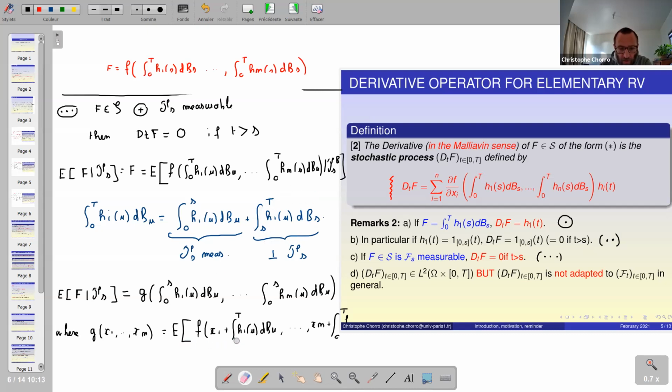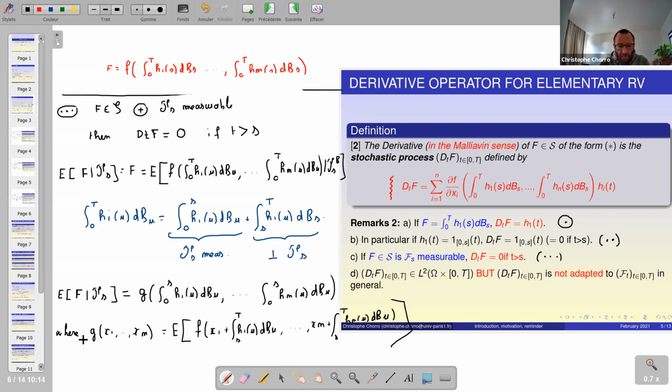So I have small s here and here, of h_n(u) dB_u. So it's this one that I duplicate for the n variables.